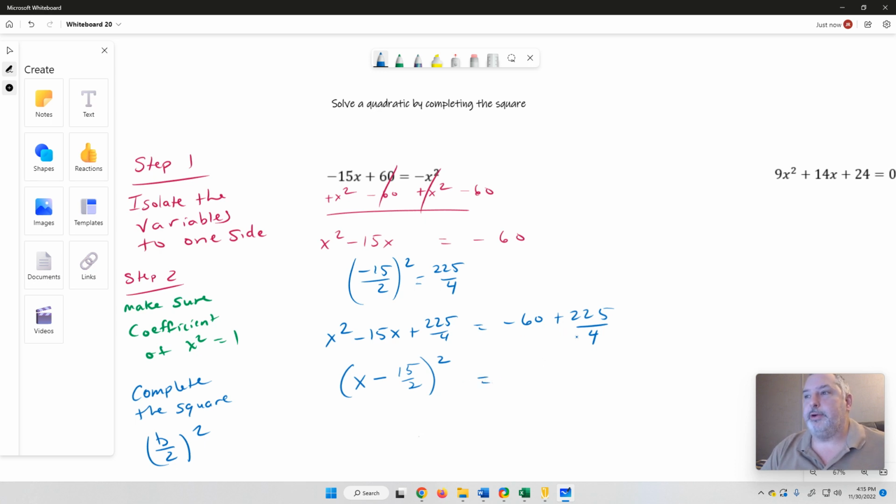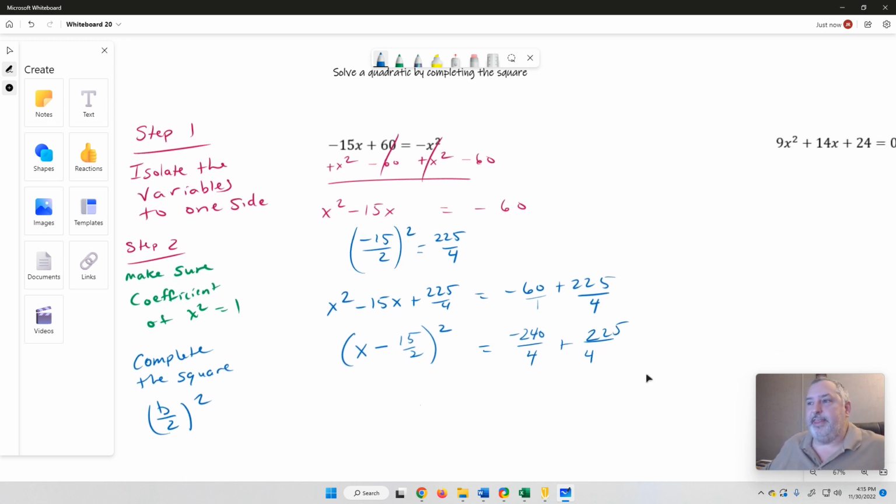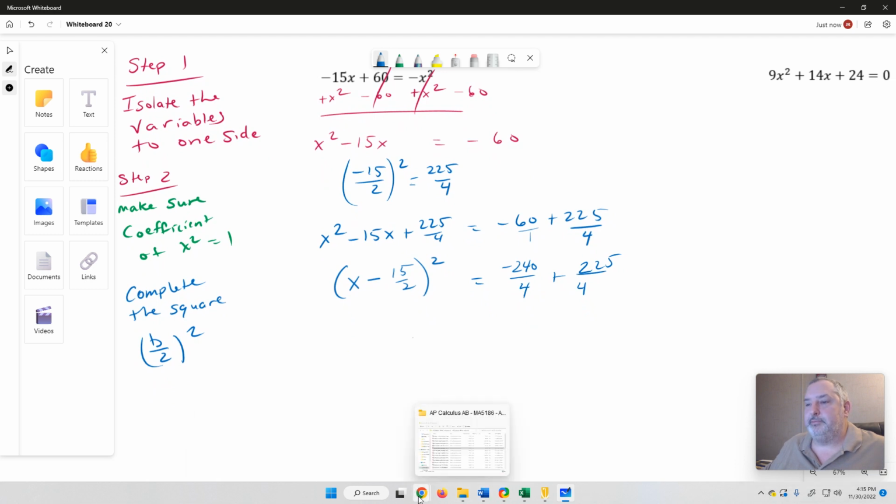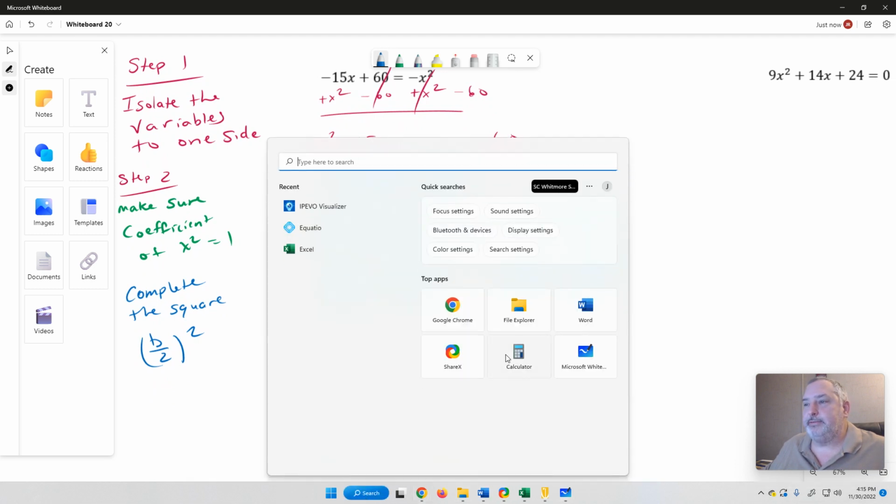Over here, we're gonna simplify this fraction. So my common denominator is 4, and what do I multiply this fraction by? Multiply by 4, so this will be negative 240 divided by 4 plus 225 divided by 4. I'm going to simplify that, and don't be afraid.